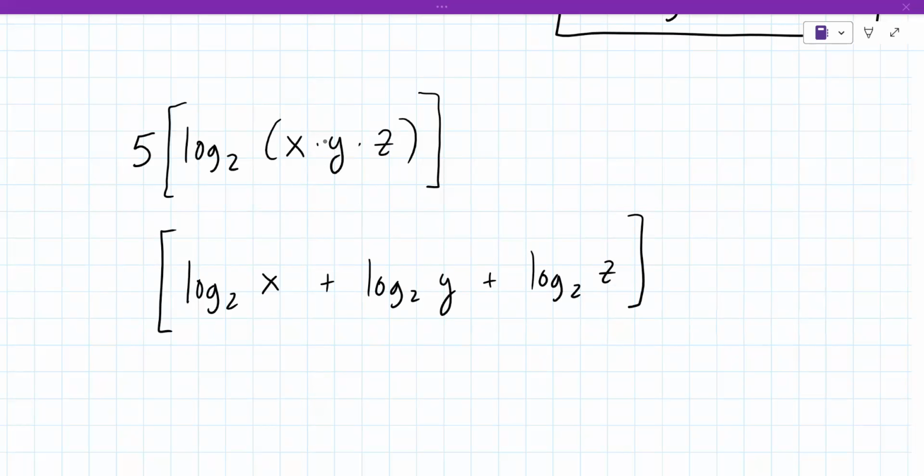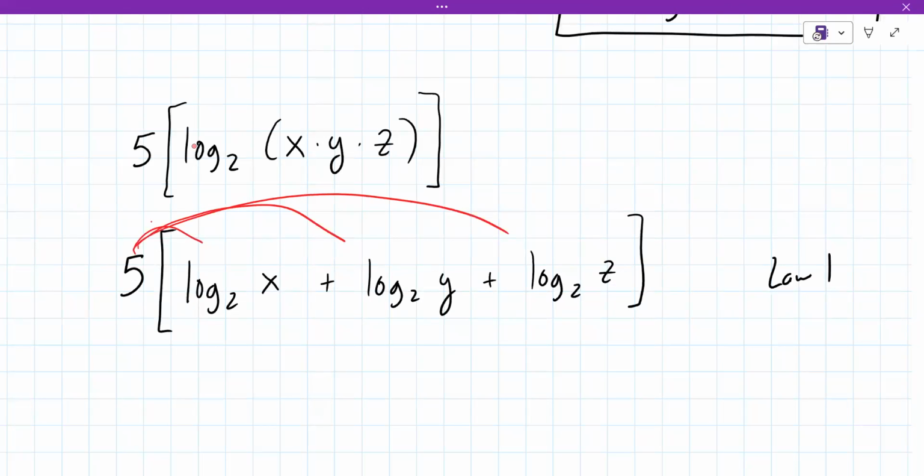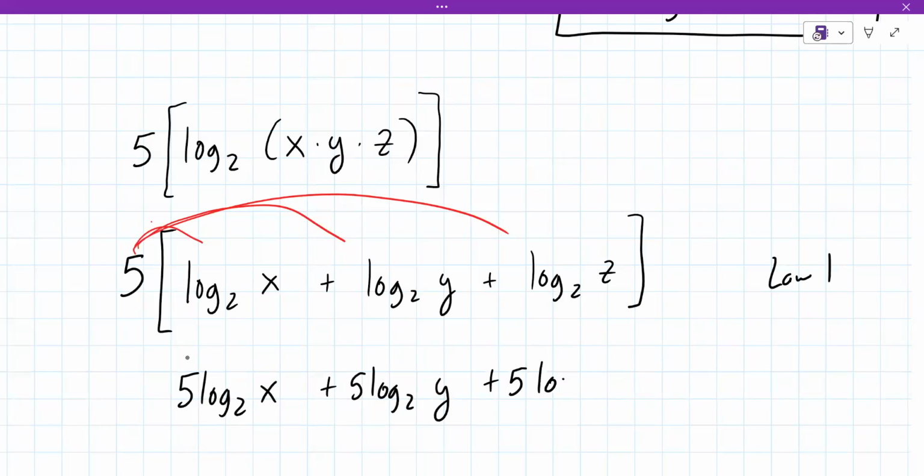That's law 1. Now I'm going to bring this 5 down, and this 5 distributes into everything. It becomes 5 log base 2 of x plus 5 log base 2 of y plus 5 log base 2 of z. That's just the distributive property.